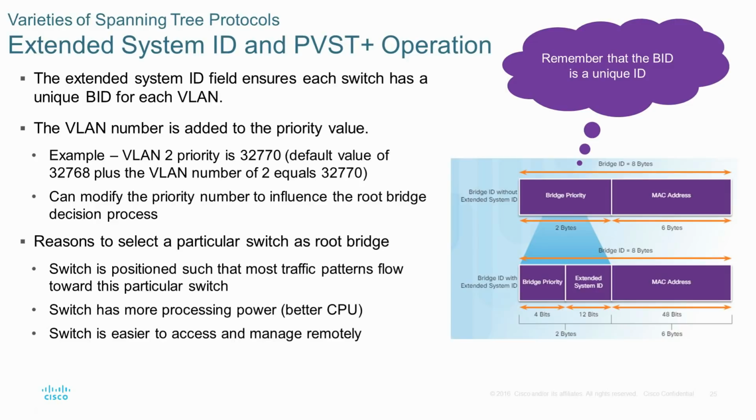Most of the traffic flows toward this root switch, and it has more processing power and a better CPU, and it is easier to access and manage remotely. Based on these reasons, you select the switch with better CPU power and better position as the root bridge.